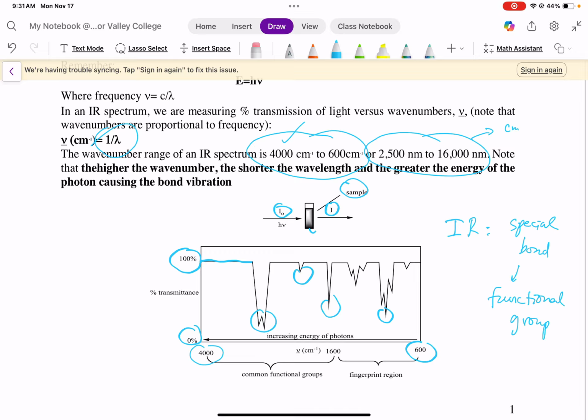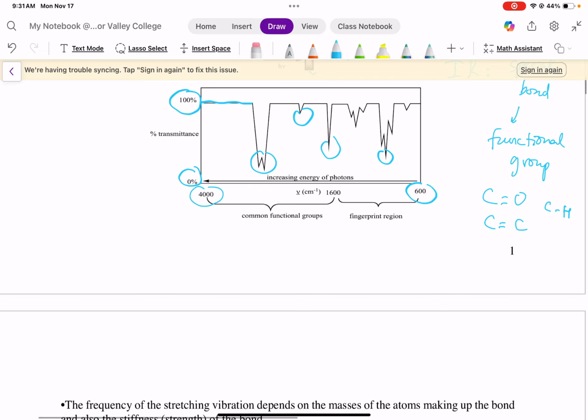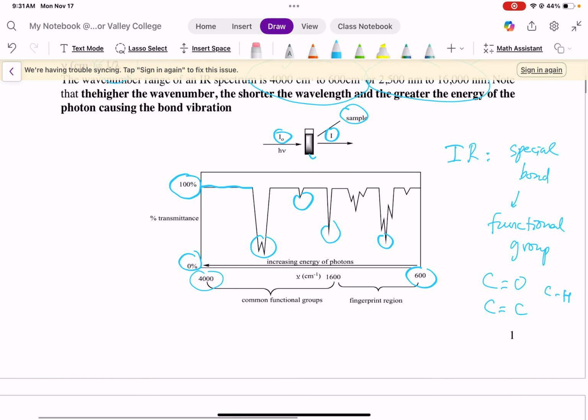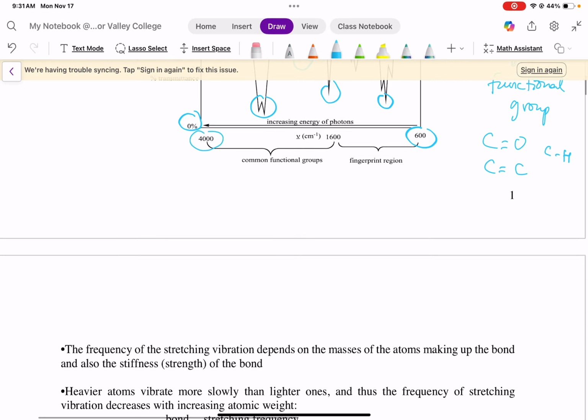Okay, so that's IR excited the bond, like a C double bond O or a C double bond C, or even CH bond. That's not anything special, but it's a bond. And making the bond vibrate by stretching or waving, all kinds of modes of vibrations. That's how the detector detects, and when they relax, the detector will detect that energy.